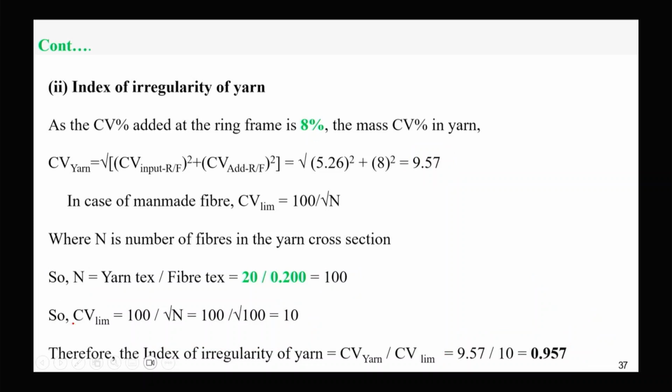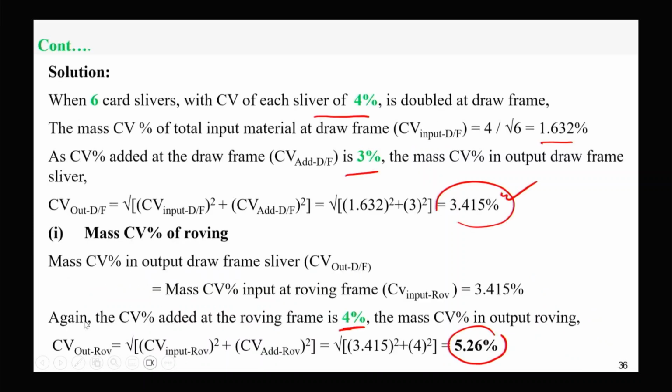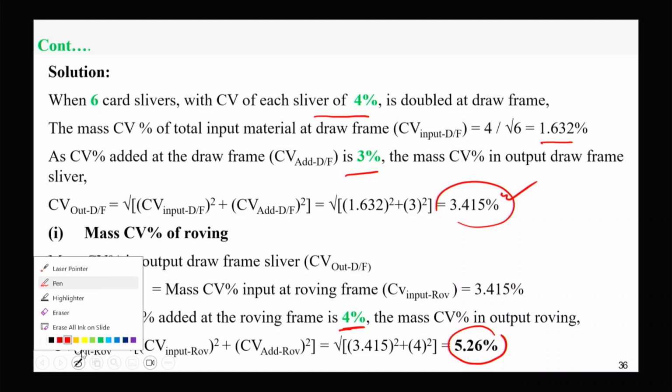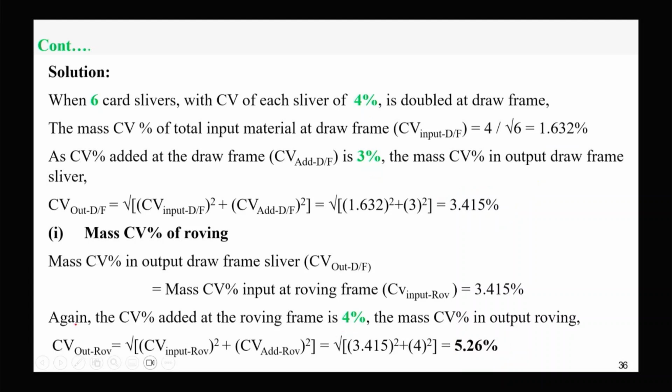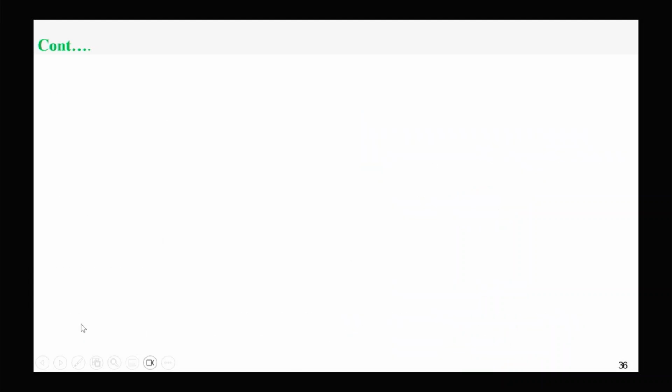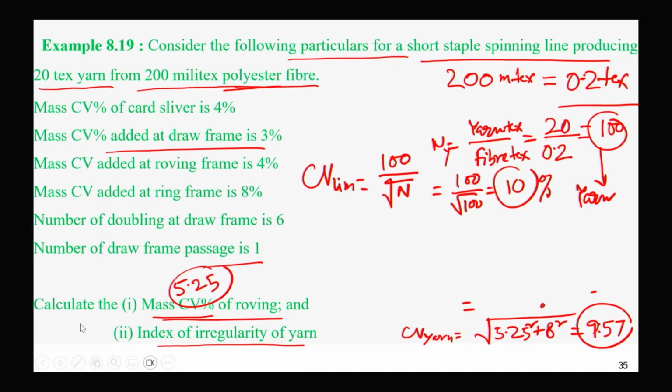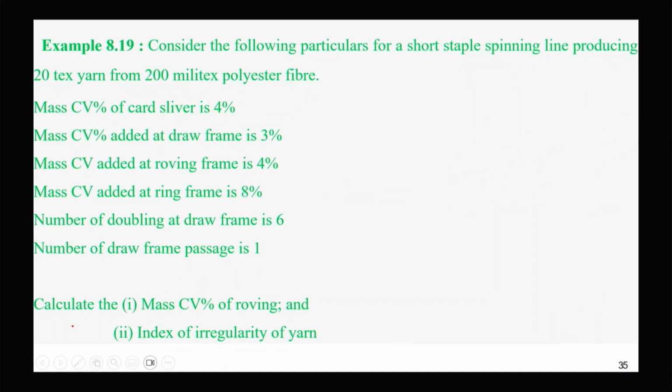So all these assumptions cannot be true here, because some of the assumptions may be wrong.